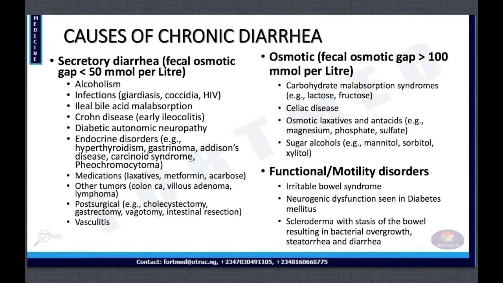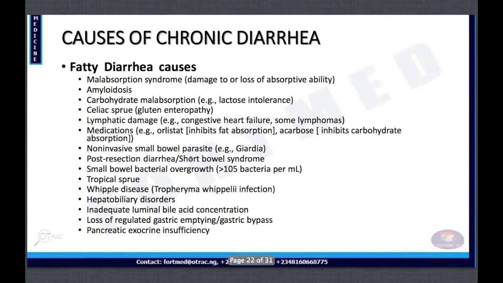For secretory, the causes include alcoholism, infection, ileal bile acid malabsorption, and the rest. For osmotic, causes include carbohydrates, celiac disease, laxatives, and the rest. For functional, you have causes like irritable bowel syndrome, and the definition of irritable bowel syndrome is the presence of abdominal pain or discomfort on more than 3 occasions in the last 3 months, associated with any two of increased frequency of stool, altered consistency of stool, or pain and discomfort relieved by passage of stool.